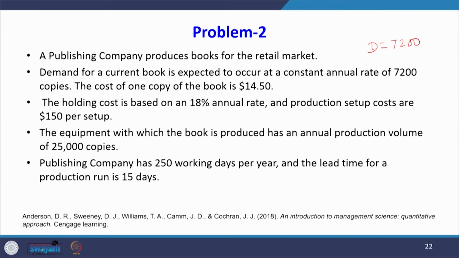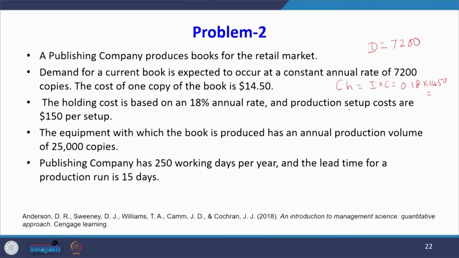The holding cost is based on an 18% annual rate. With this information we can find the annual holding cost: interest rate multiplied by the unit cost, 0.18 multiplied by 14.50.